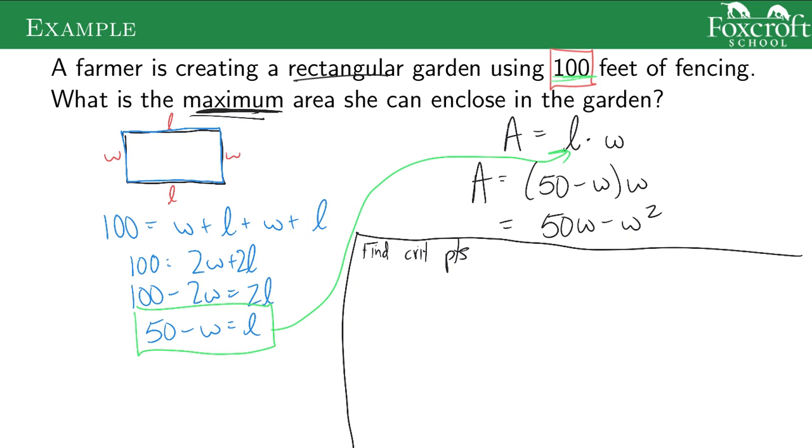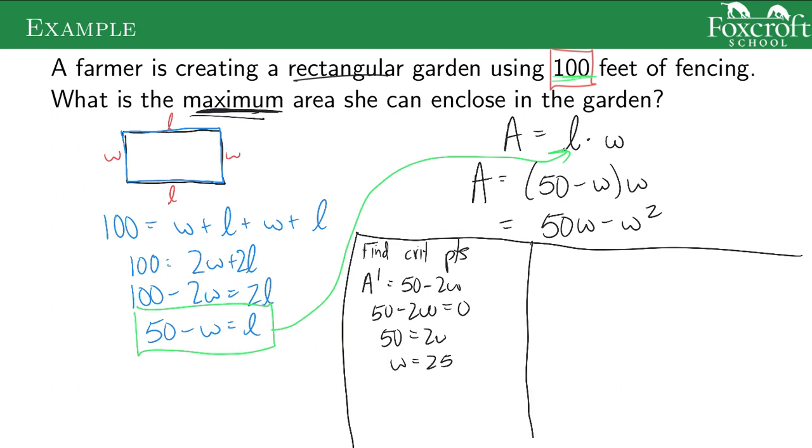To do that, we take the derivative. It's 50 minus 2W, and it's never undefined, so we just set it equal to 0. That is 50 equals 2W, so W equals 25.